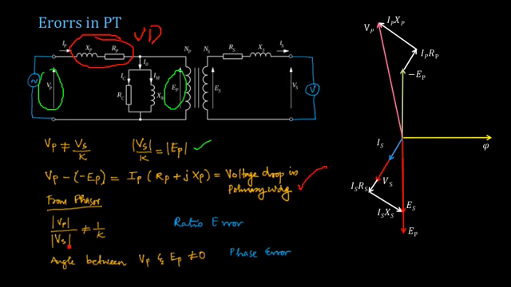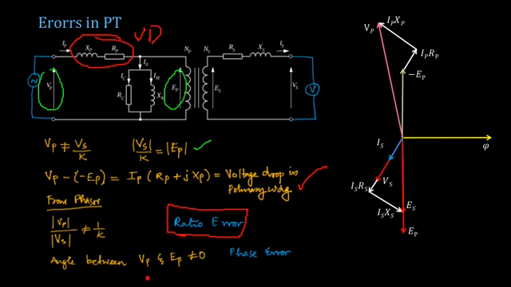Now you can say that Vp by Vs is not equal to 1 by K. Obviously there is some ratio error here. Ideally it is correct, but practically it is not correct. That difference between the ideal value and the practical value is given by the voltage drop, so that error is known as a ratio error.